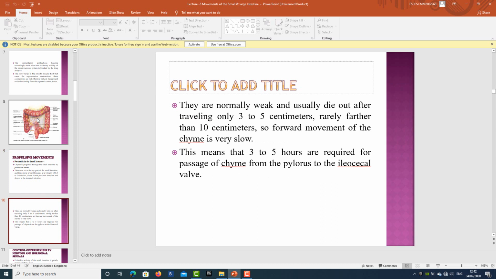They are normally weak and usually die after traveling only 3 to 5 centimeters, rarely further than 10 centimeters, so forward movement of the chyme is very slow. This means that 3 to 5 hours are required for the passage of chyme from pylorus to ileocecal valve.